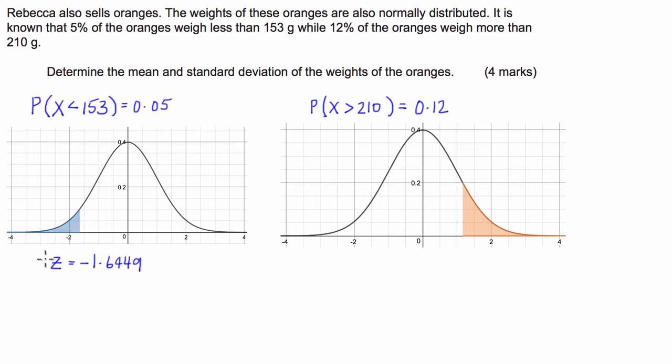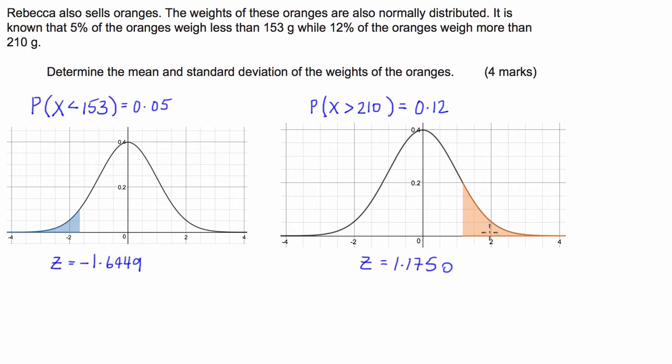Now that's the amount of standard deviations away from the mean. So what we have on this one as well is we have a z-score is equal to 1.1750 to 4 decimal places. Now as you can see, this is negative because the cutoff for the probability is below the mean. This is positive, i.e. the cutoff for the probability is above the mean.